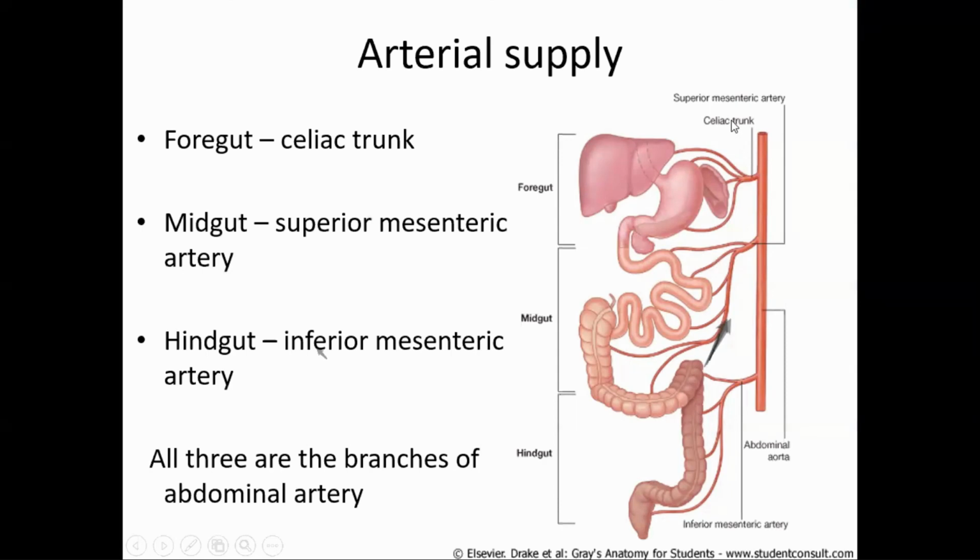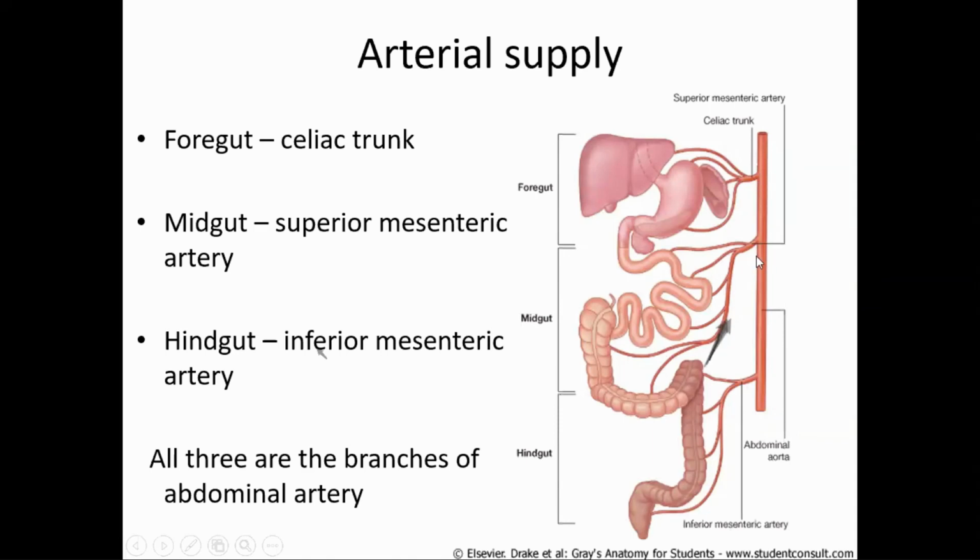The superior mesenteric artery supplies the derivatives of the midgut, and the inferior mesenteric artery supplies the derivatives of the hindgut. The celiac trunk, superior mesenteric and inferior mesenteric arteries are all branches of the abdominal aorta.